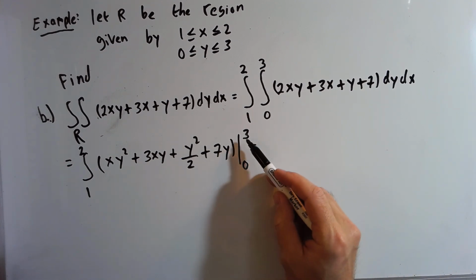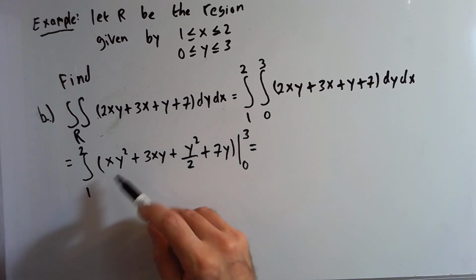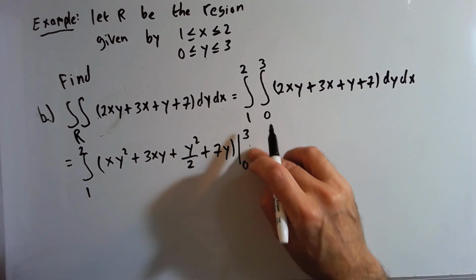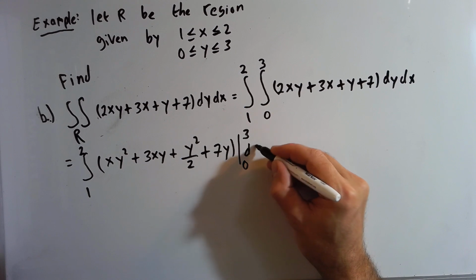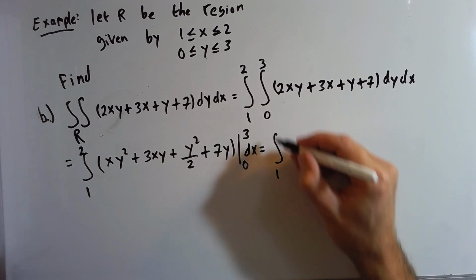So now the 3 is going to go in place of the y everywhere, and then minus the 0 in place of y. Oh, I forgot my dx here. So this will be then integral 1 to 2.